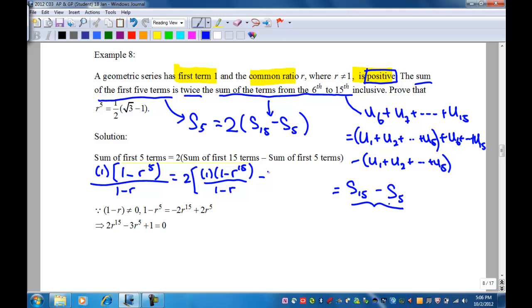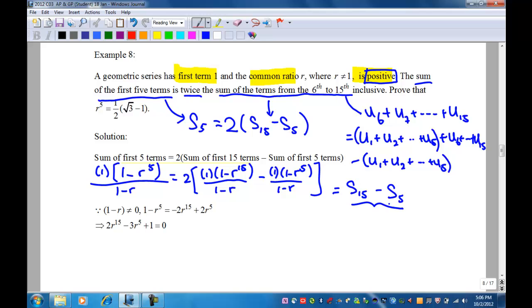So that will be a(1 minus r power 5) over 1 minus r. From here we can see that the whole equation has a common denominator 1 minus r.